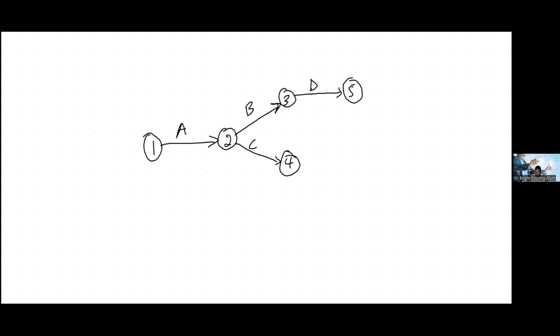However, remember C is also following A. So what this means is that when you create this activity, you turn the arrow in this way.